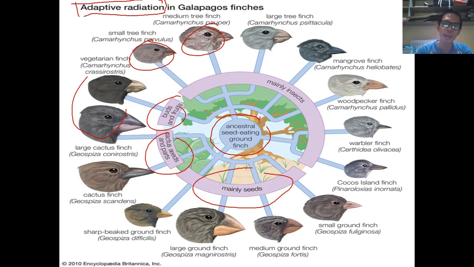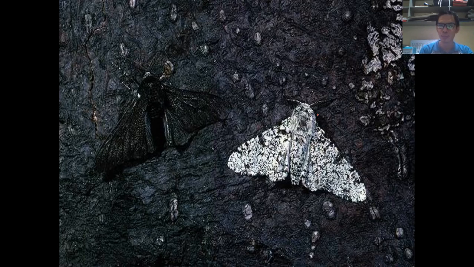So from one, it gives off several kinds of finches, and mainly the differences are the food that they eat and the look of their beaks. As you can see, the beaks are very different from each other, and that is because of the food that they eat in that particular area. Next one.